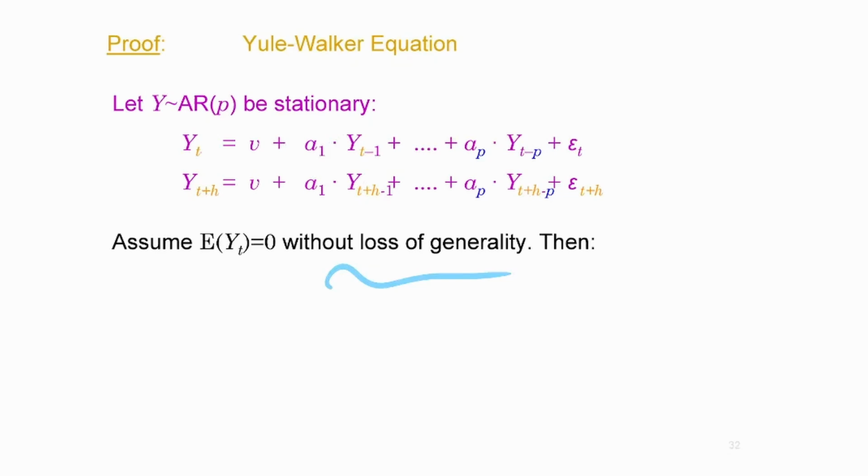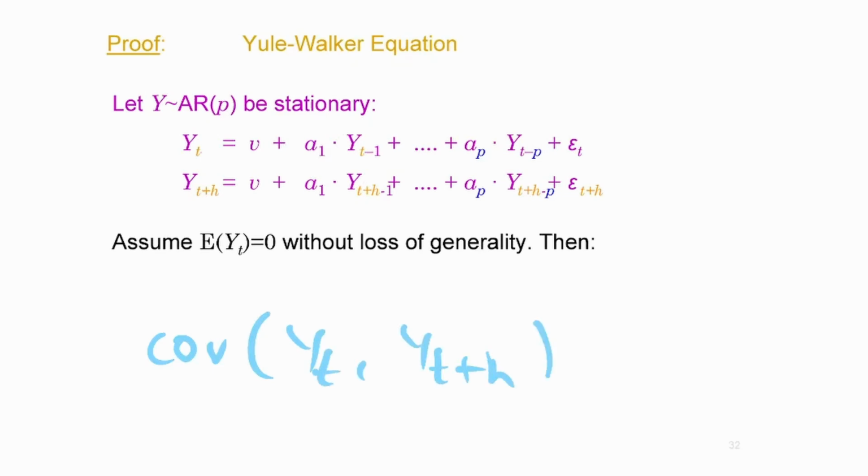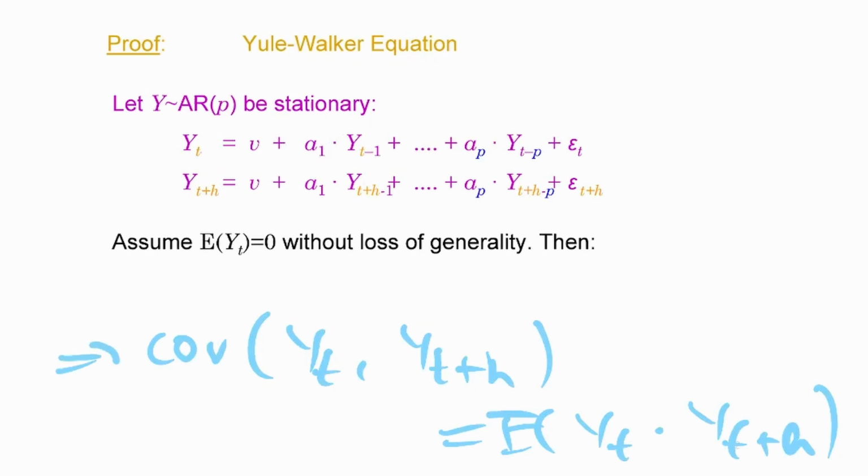Why am I assuming that? Because if you want to calculate the autocovariance of the process, which I'm going to, then it's simply going to be the expectation of the product. That's the reason why I'm assuming that. This is an implication based on this assumption, because the process is stationary around 0.